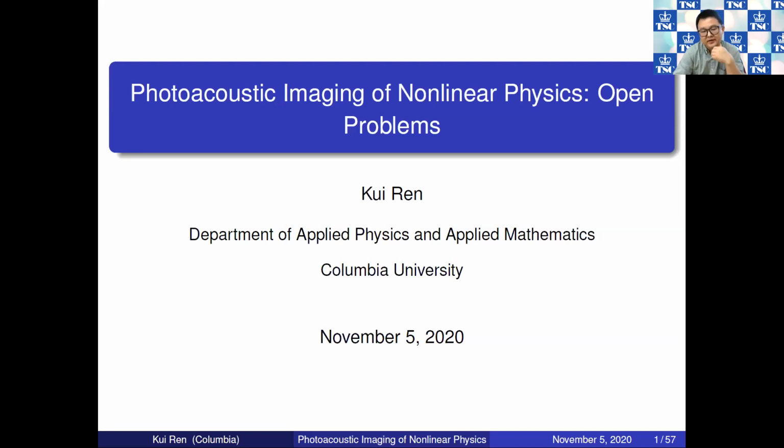So this is about, again, photoacoustics, but in a regime where you can try to add a little nonlinear physics to it. I'm mainly going to tell you what problems we have and where we need help.